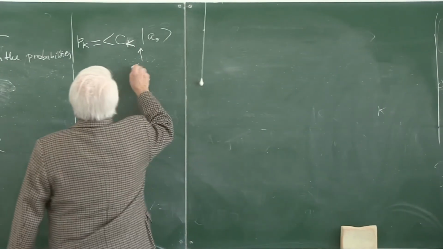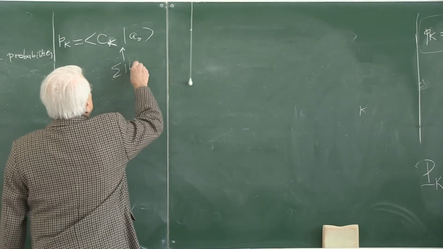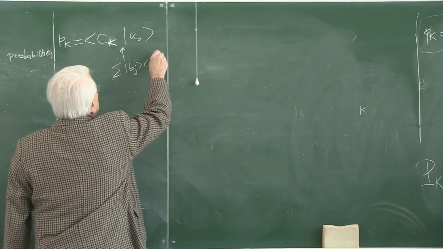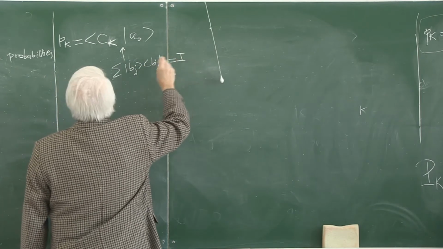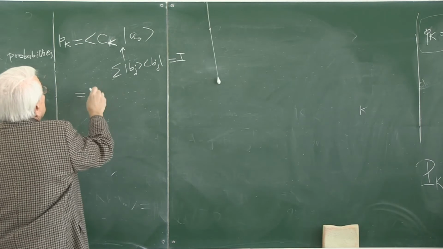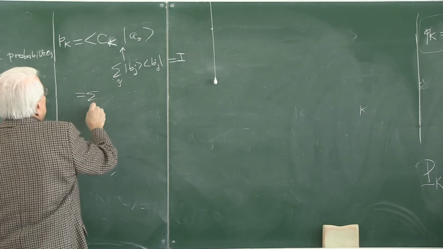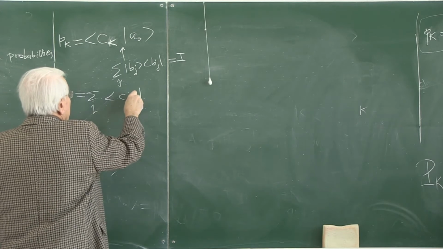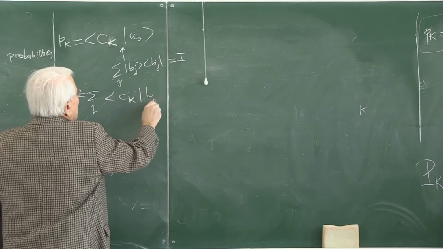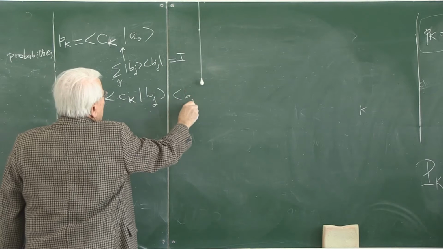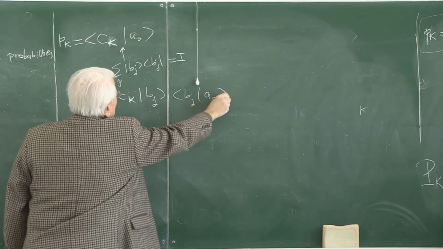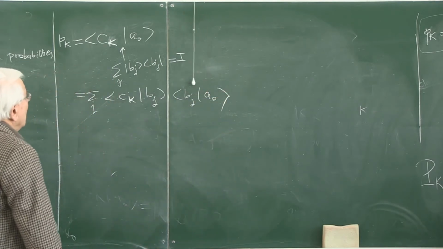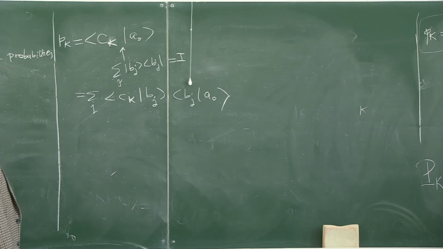What is the identity? Bj. So sum over J, CK capital, B little j, B little j, A0. Okay.